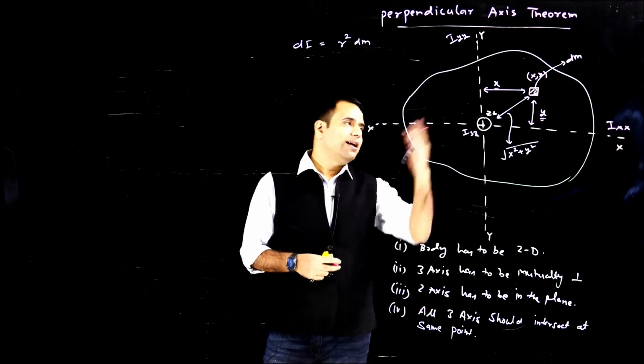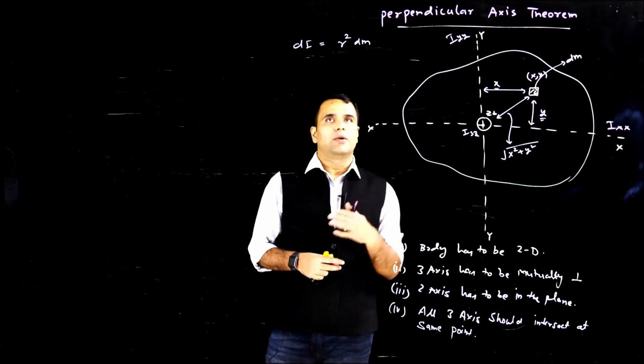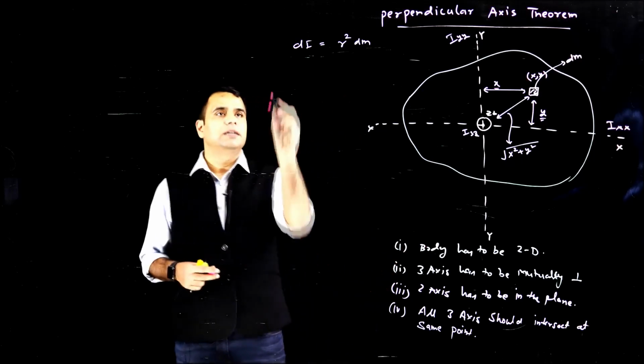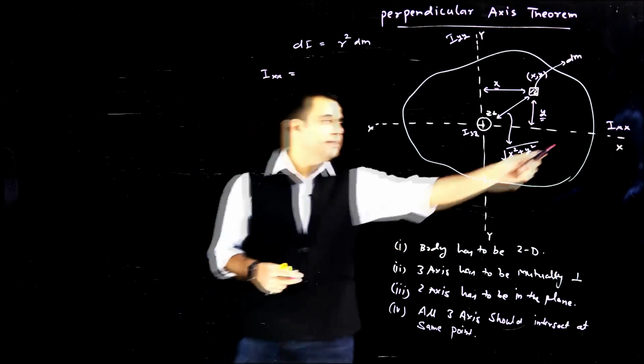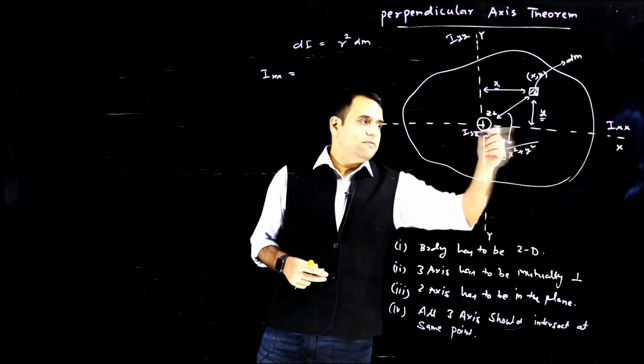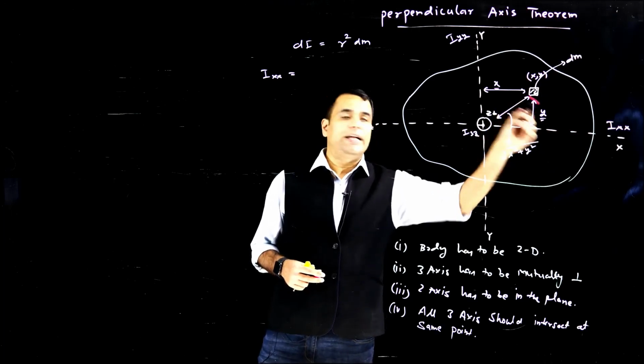There are three axes, so corresponding to those three axes we'll separately calculate the moment of inertia. The moment of inertia about the x-axis, Ixx: with respect to this axis, the perpendicular distance of this element is y.